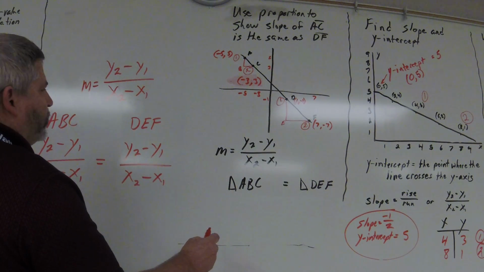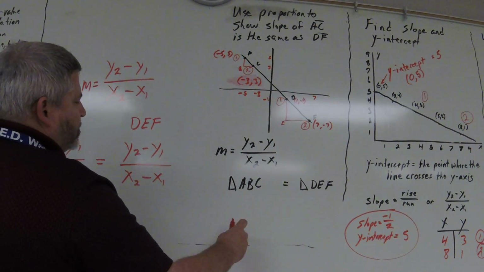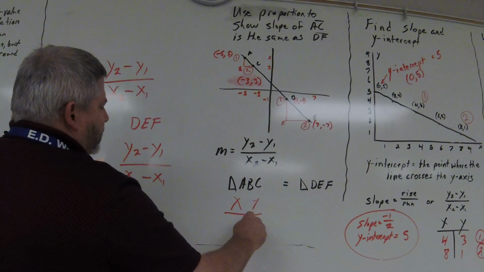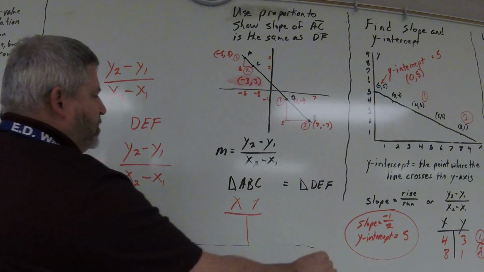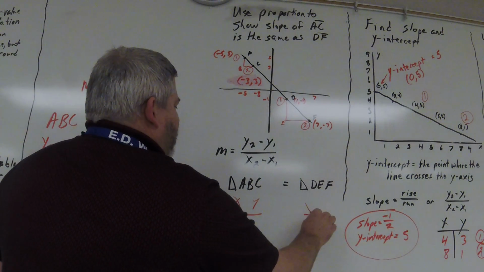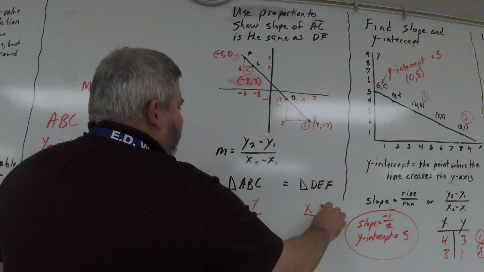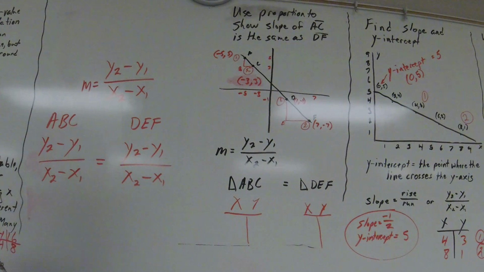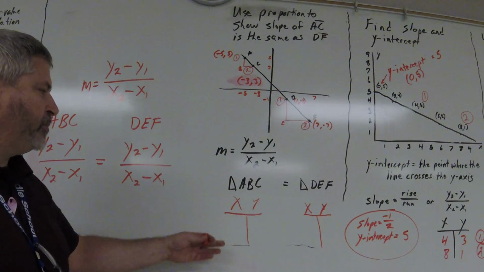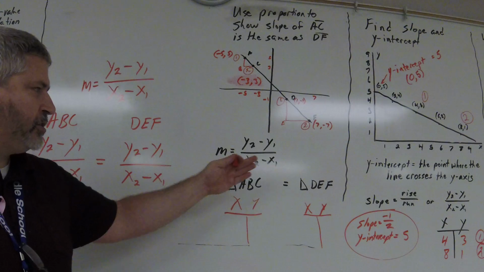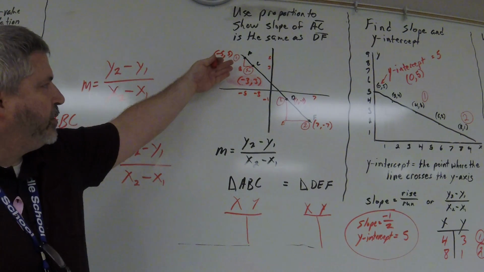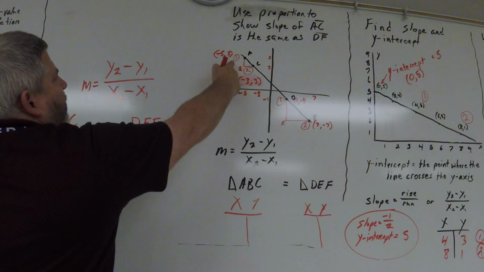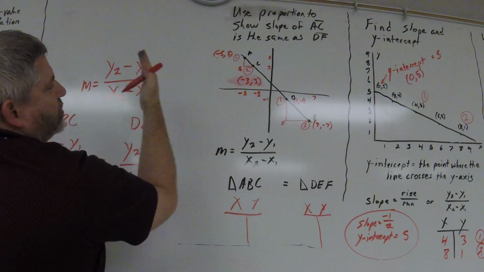So for ABC, let's set up a T-chart, X and Y. And for DEF, let's do the same thing, because we need to know what our Y's and our X's are that belong with each triangle. So here we go. If we look at point 1, I like to use left to right.